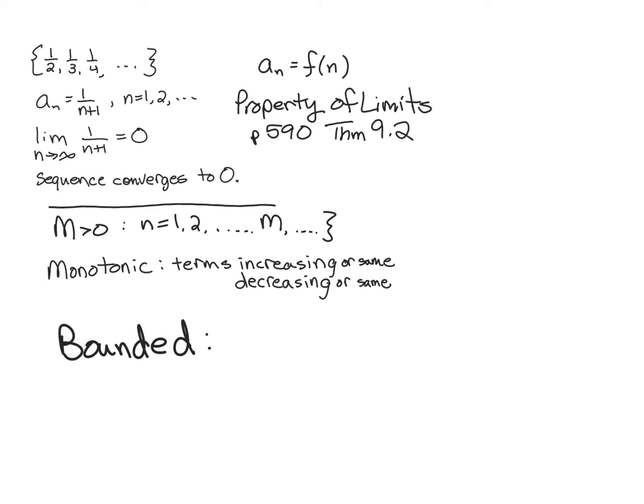So bounded above means that it never gets bigger than a certain value. There's a real number M. This is a different M. I'm just going to say there is an upper limit.